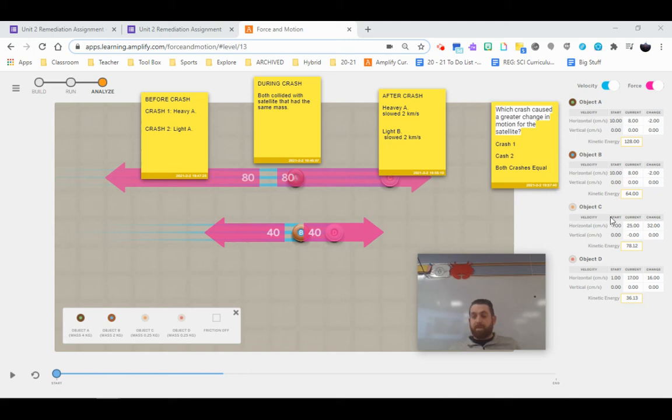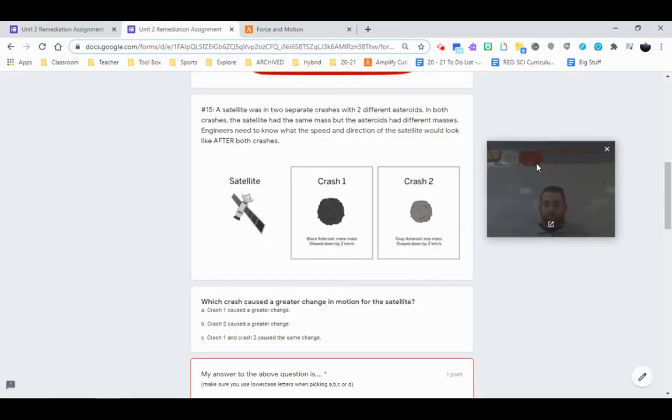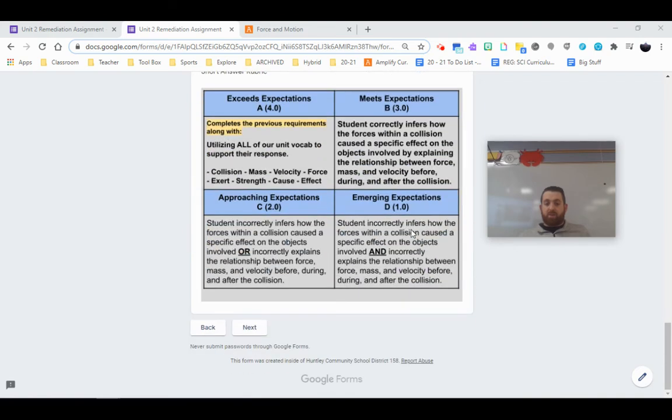That stronger force with the collision causes it to change more. Okay? So, if you're somebody who's looking for more of a connection to the rubric, let's take a look. In that inference, we inferred how the forces in the collision cause a specific effect. We talked about how the larger mass needs a larger force, causing that satellite to change its speed more. We explained the relation between force, mass, and velocity.